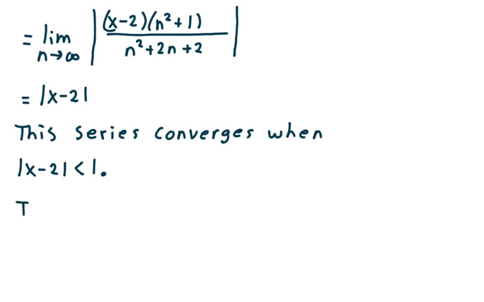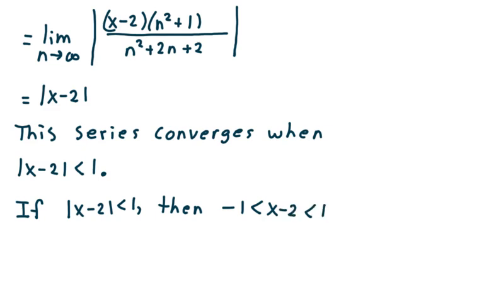But if the absolute value of x − 2 is less than 1, then negative 1 is less than x − 2 is less than 1, right? And then if I add 2 throughout, this says 1 is less than x, which is less than 3.